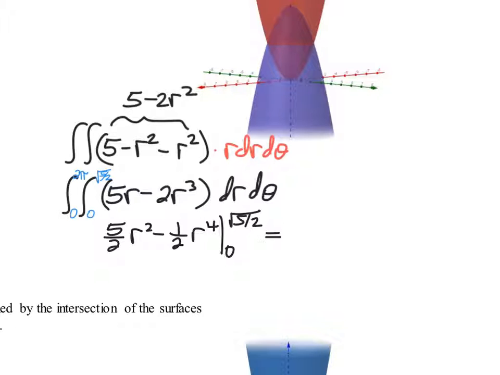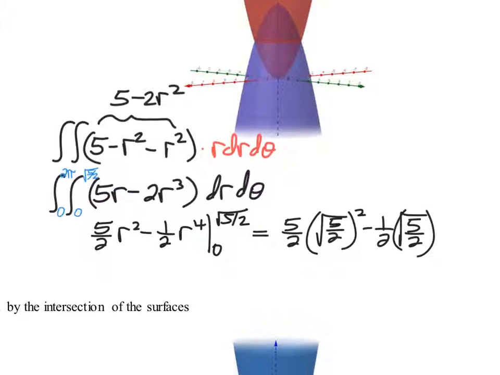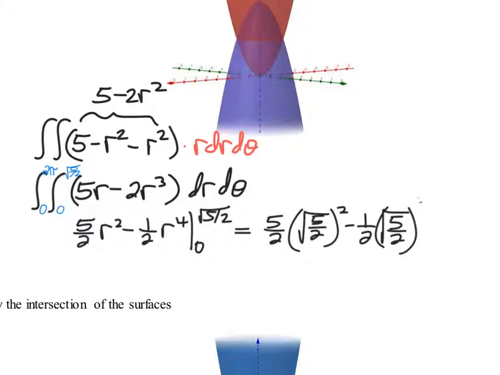All right, so we're looking at 5 halves times root 5 over 2 squared, minus 1/2 times root 5 over 2 to the 4th. Not going to bother subbing in the 0 because that's going to cancel out anyway.